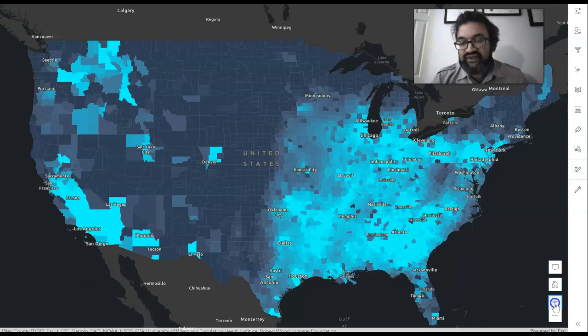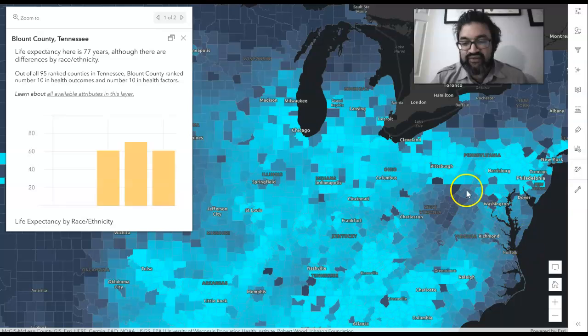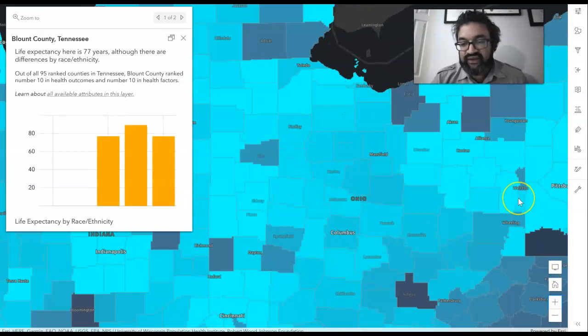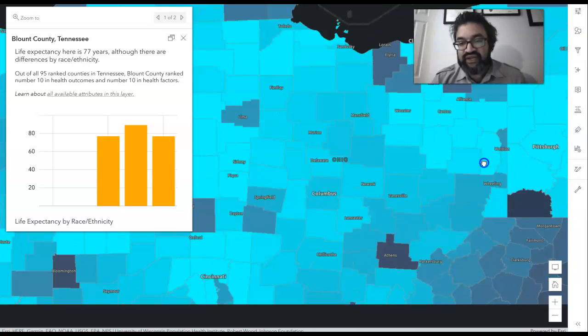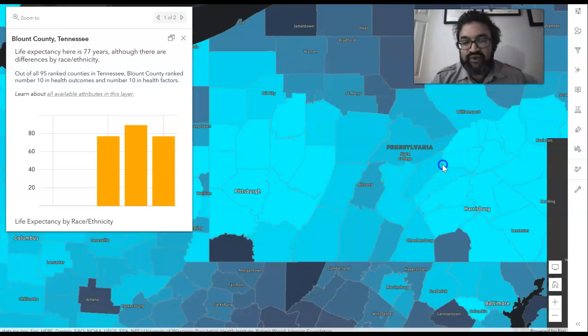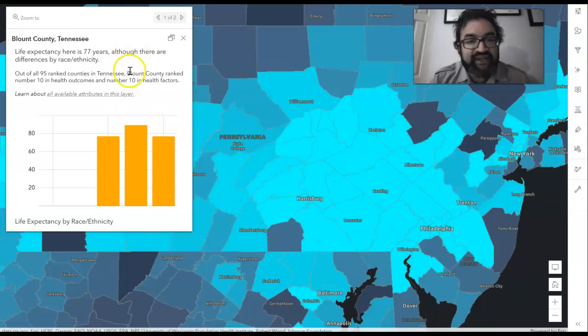And what you can do is you can look in your local area, in your state, in your region, and just see how your local area actually fares in comparison to all of the other areas around you. And you can see the ranking of your county.